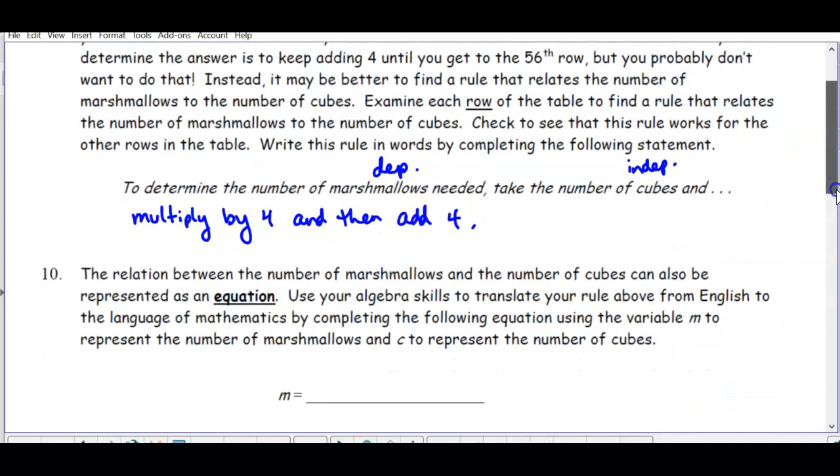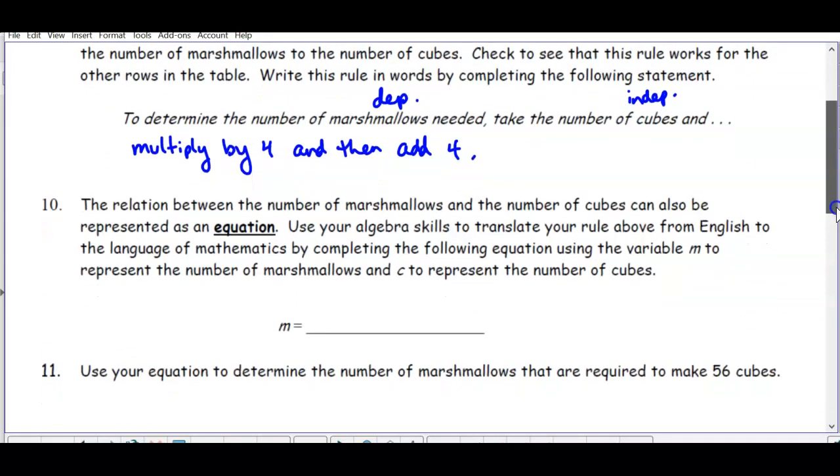So order matters. The relation between the number of marshmallows and the number of cubes can also be represented as an equation. Use your algebra skills to translate your rule above from English to math. Okay, M is marshmallows, C is cubes. So the number of marshmallows is equal to 4C plus 4.